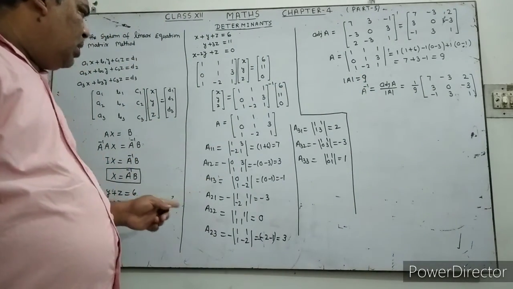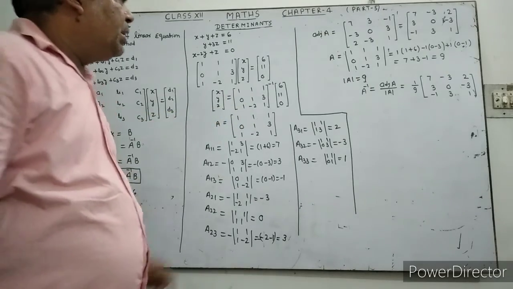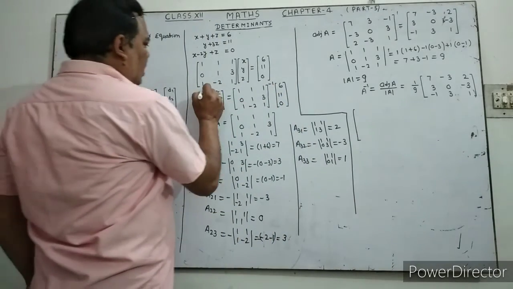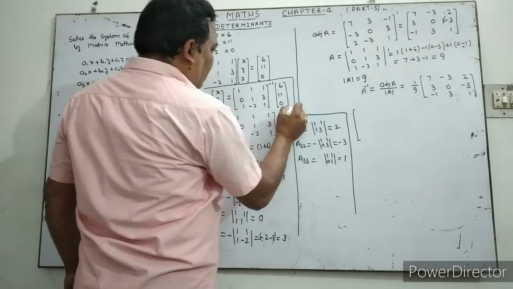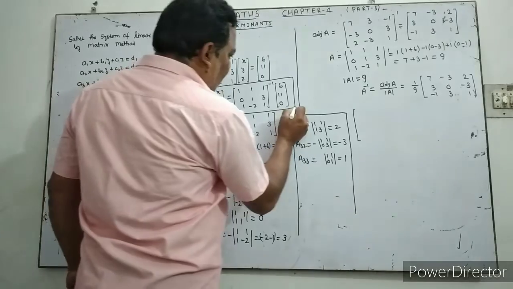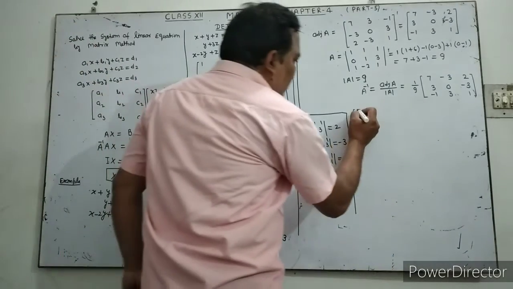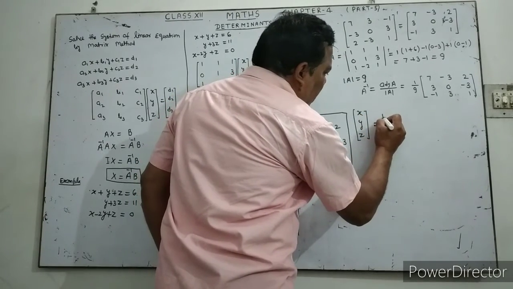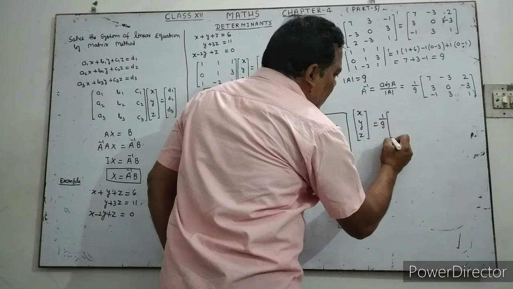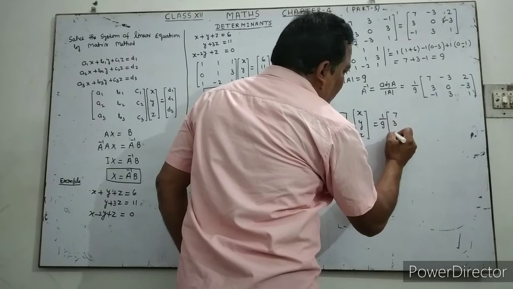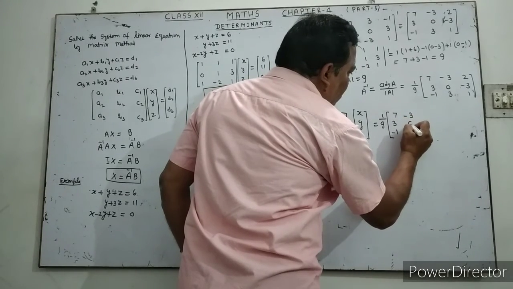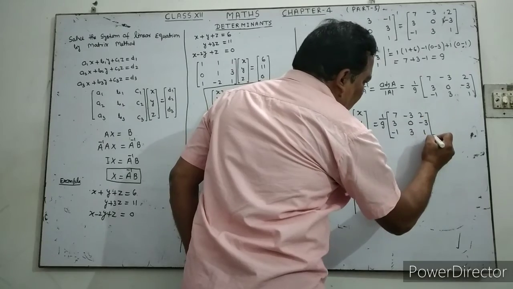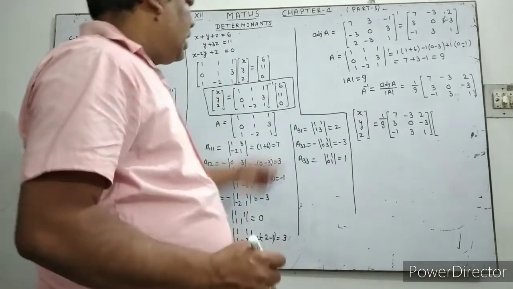Now what is the formula? The formula is X equal to A inverse B. Then X, Y, Z. You calculate the value of A inverse, then X, Y, Z equal to A inverse, that is 1 upon 9, 7, 3, minus 1, minus 3, 0, 3, 2, minus 3, 1, and what is the value of B? 6, 11, 0.